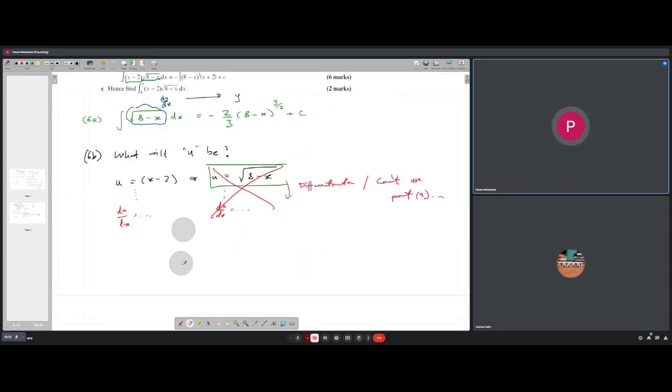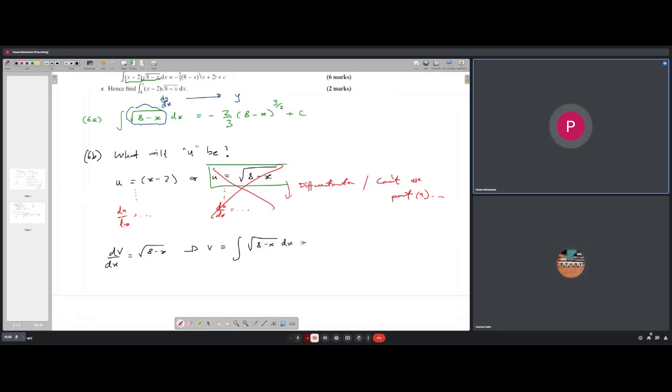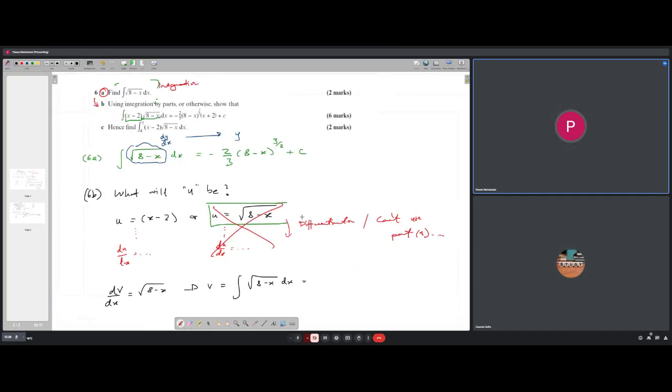We set u equal to x minus 2, and dv over dx is equal to square root of 8 minus x. Then to find v, you just have to integrate that, and notice we don't need to work this out because we can just use what we got in part A.